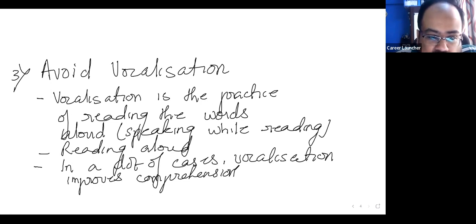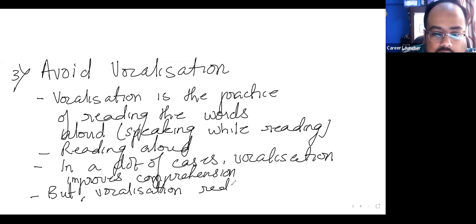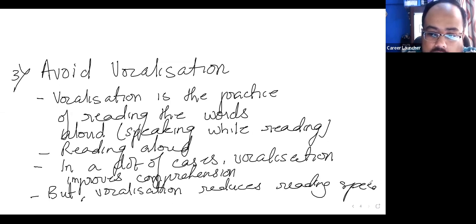So in a lot of cases, vocalization improves comprehension. But at the same time, vocalization reduces reading speed.